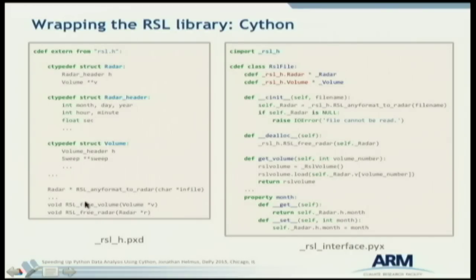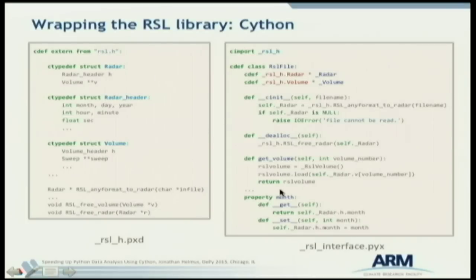And we just basically copy it and convert it into syntax that Python or Cython can understand. So it uses some structures. So this is just a way of storing data in a uniform manner. So we just convert these. And then for any functions that we want to use out of that library, we have to tell the compiler what kind of types are going to get passed in, and what is that function going to return.